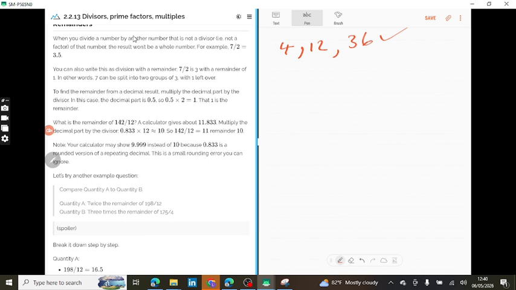Compare quantity A to quantity B. First, what is a remainder? A remainder is what remains. I need the remainder of the money. Just ask somebody, did you spend all the money? Say no. Can you send me the remainder? Remainder is what remains, right?